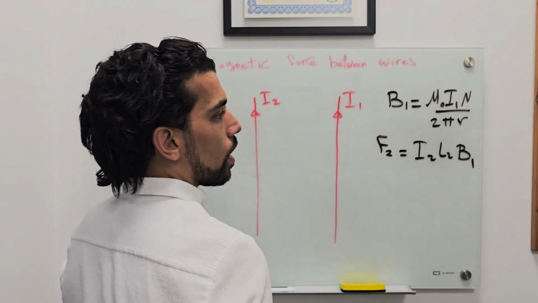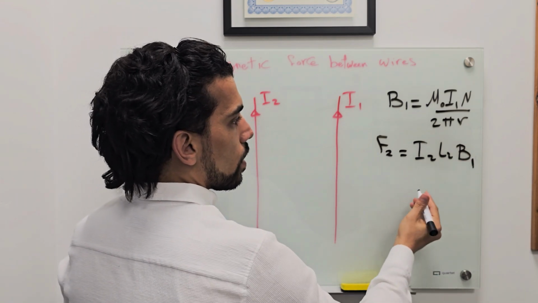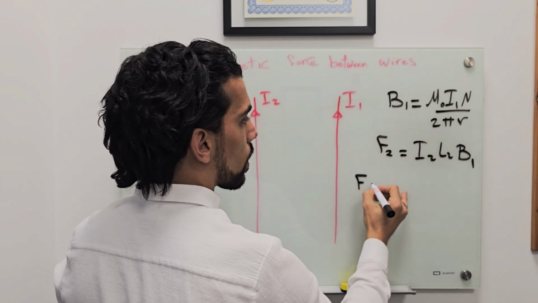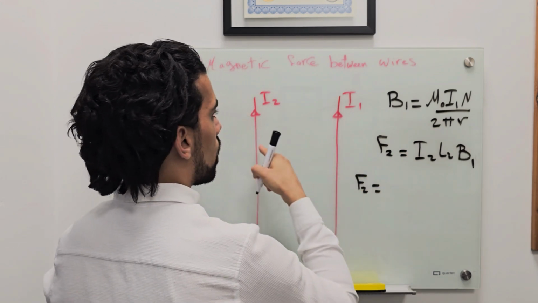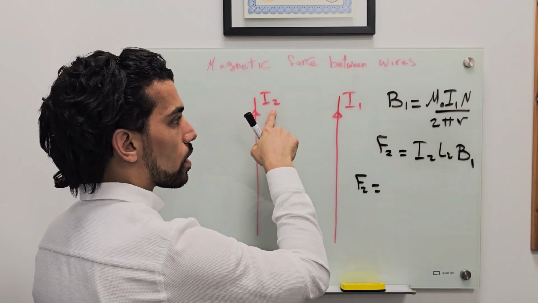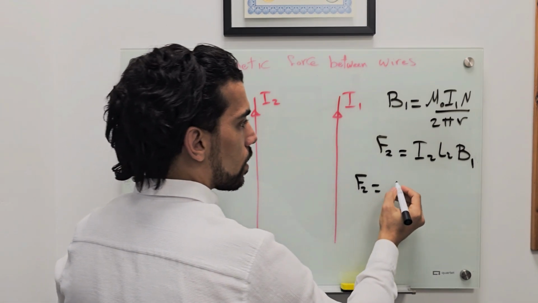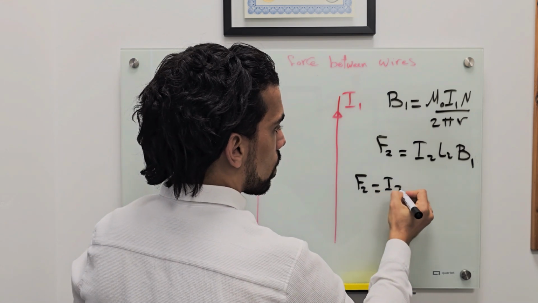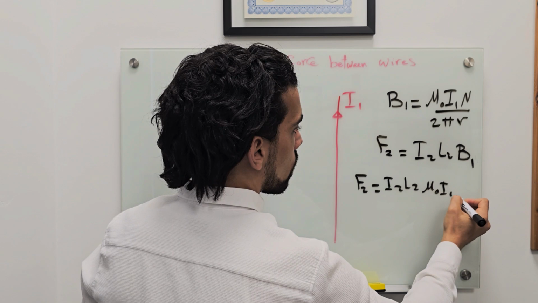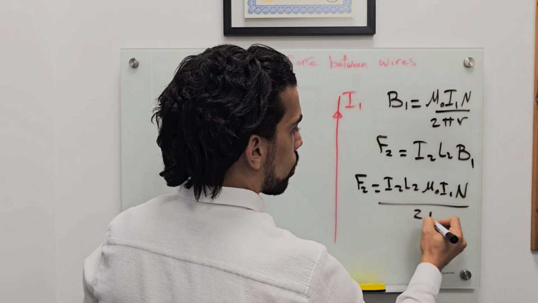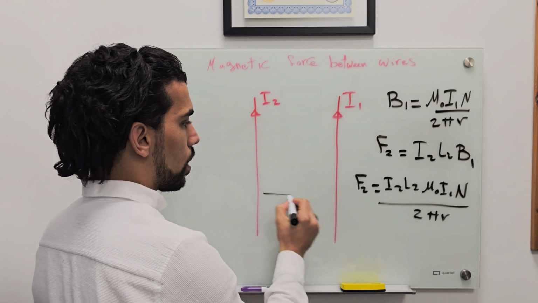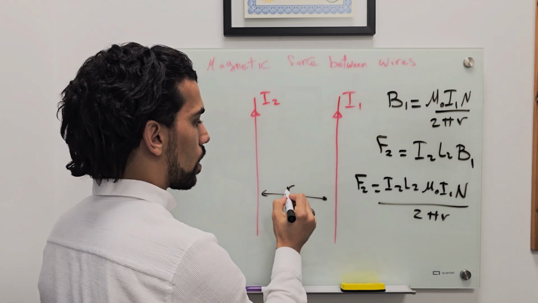Okay, so we substitute, and the force on this wire that carries I2 from I1 becomes I2 L2 mu naught I1 n over 2 pi r, and the r itself is the distance between the two wires.